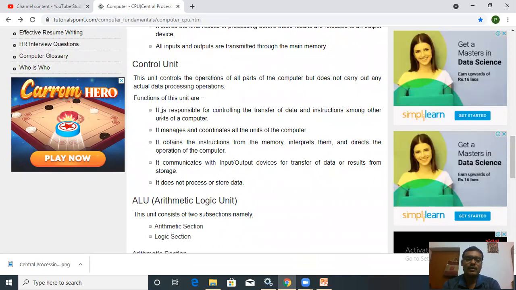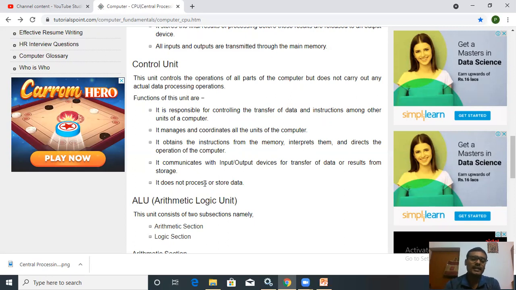The functions of the control unit are as follows. It is responsible for controlling the transfer of data and instructions among other units of a computer. Second, it manages and coordinates all the units of a computer. Third, it obtains the instructions from the memory, interprets them, and directs the operation of the computer.